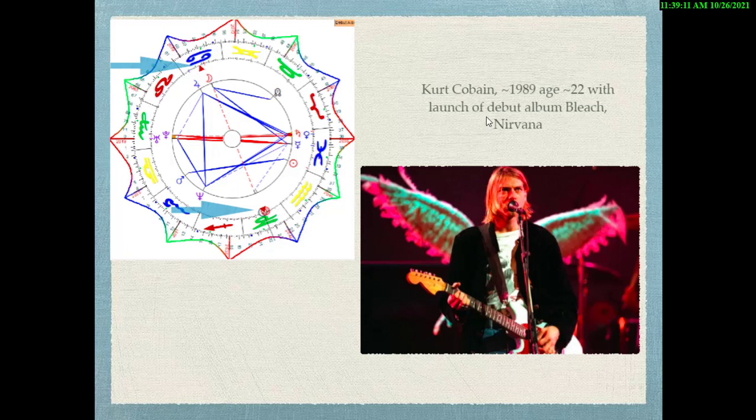But at age 22, around 1989, it began with the launch of the debut album Bleach by Nirvana, an absolutely pivotal period of time. This crossing point can take effect about a year, give or take, on either side of this age point. So we know that this range is going to be extremely significant for the individual.